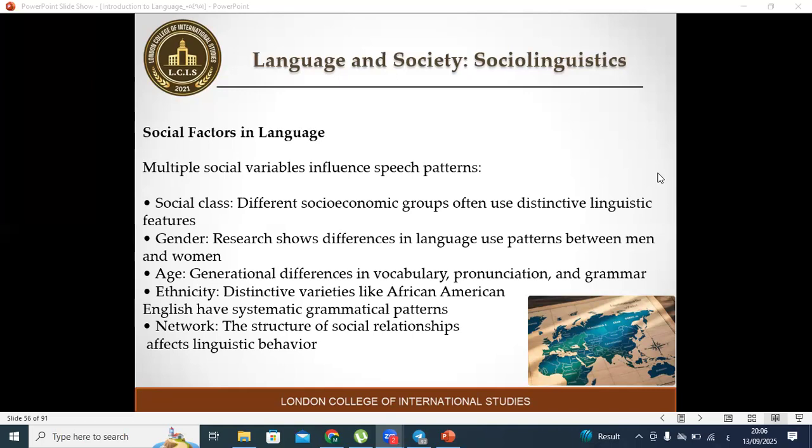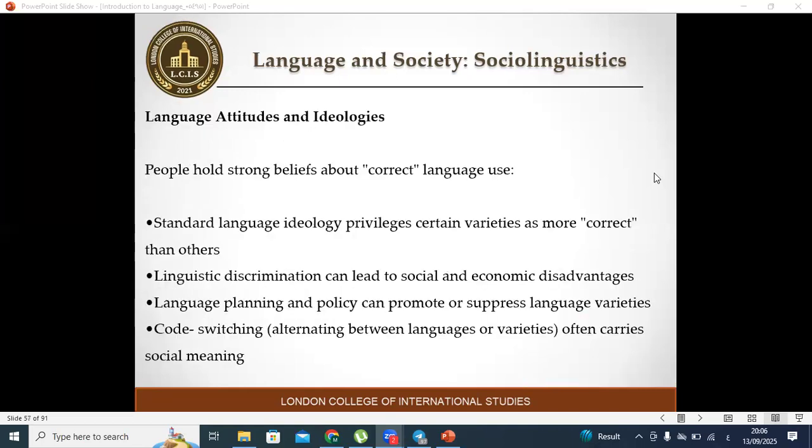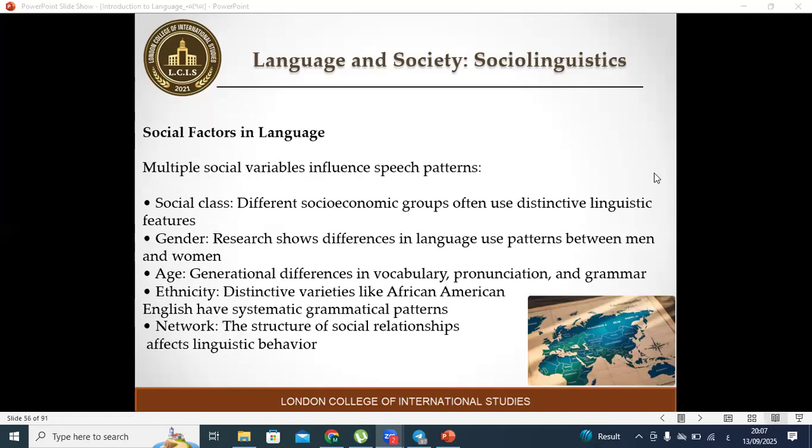Social class, different socioeconomic groups often use distinctive linguistic features. Gender, research shows differences in language use patterns between men and women.